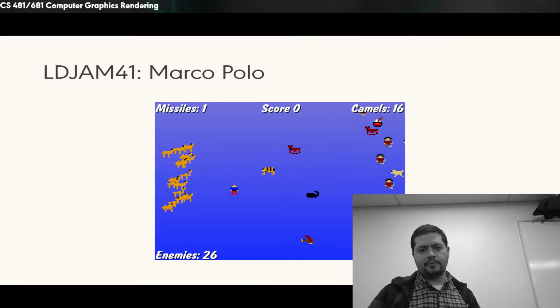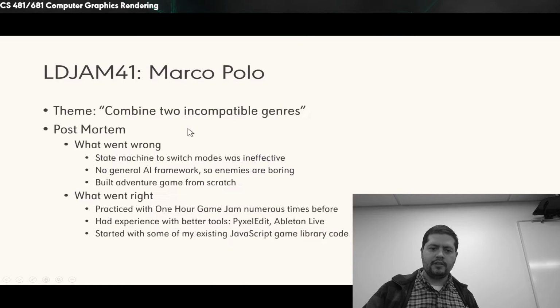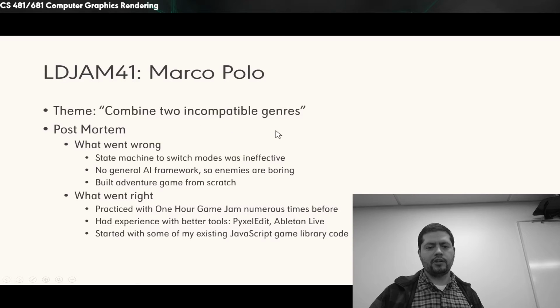So the second game I wanted to show you was Marco Polo, which is the one I did last year. And this one I had a lot of fun with. The theme for this was combine two incompatible genres, and so I thought immediately, I've always wanted to do a text adventure game.